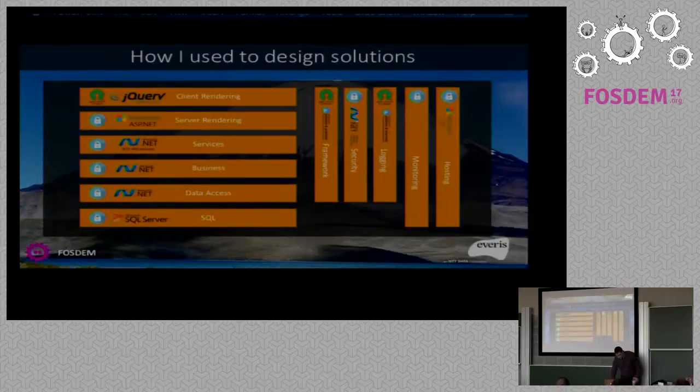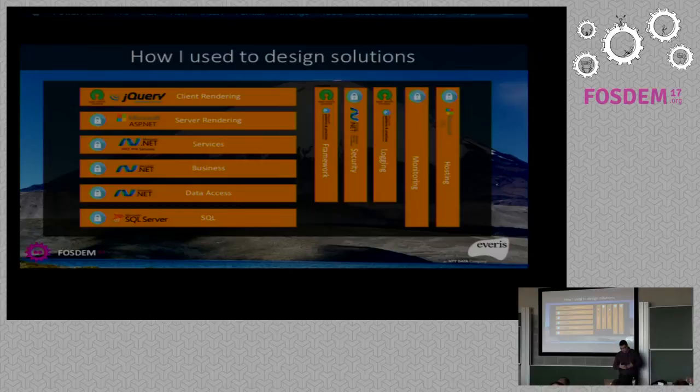So the first step: how we are trying to create a web desktop using Microsoft technologies. We started from this point, which is more or less how we used to architect solutions with Microsoft technologies.